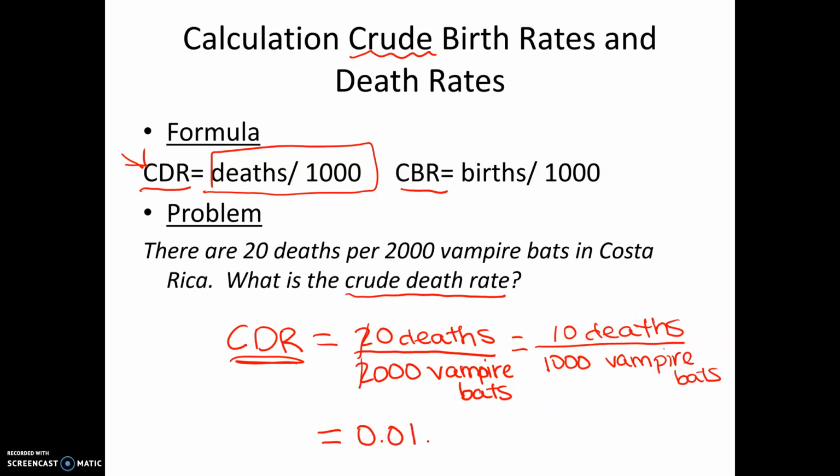Okay? So in this case, when you have a CDR, a crude death rate, you do not need to put a label on it. The crude death rate, CDR, equals 0.01, then we know that that means a rate. We know what that means.